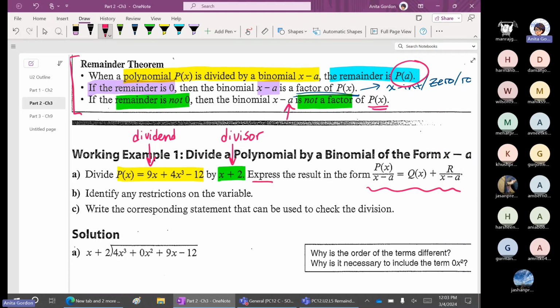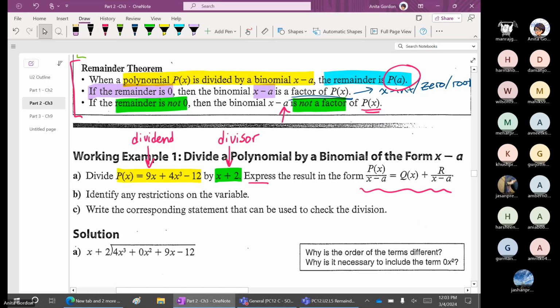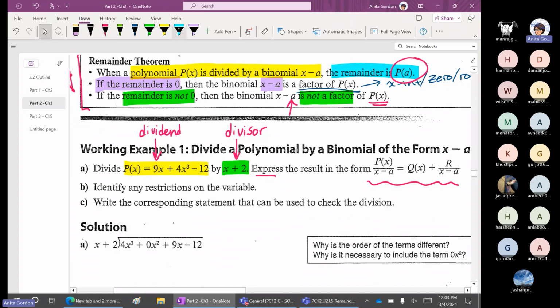Once we figure out what our numbers are, we'll set it up like it's going here. So first we're going to need to identify any restrictions, and we're going to write the corresponding numbers. If I am dividing p of x by x plus 2, what is my restriction?